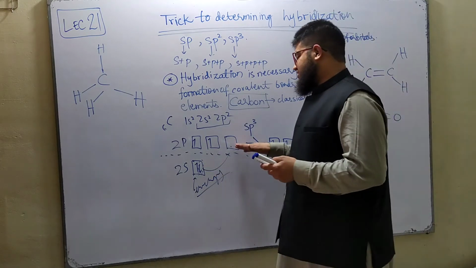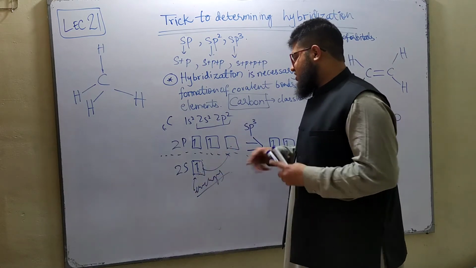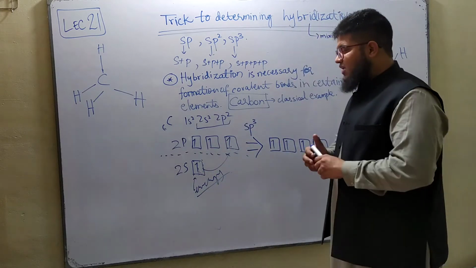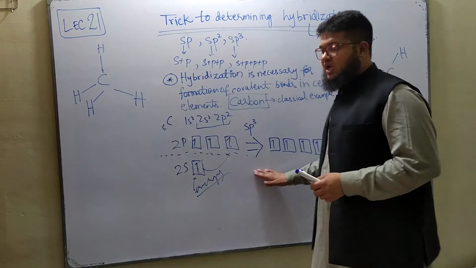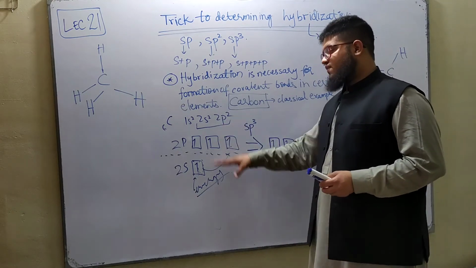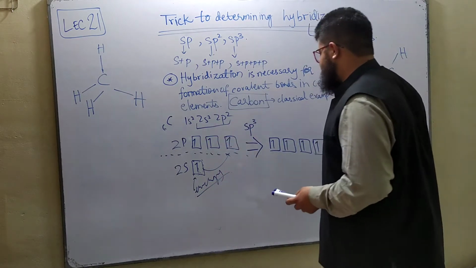As soon as the electron is excited, this orbital becomes half full and that orbital also becomes half full. So all the orbitals have now become half full. Once all the orbitals are half full, they come to an equal energy state, meaning their energies become equal and intermediate between the 2p and the 2s, and this is how they look.